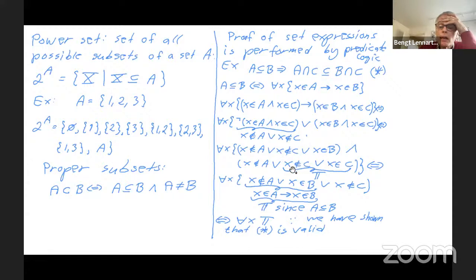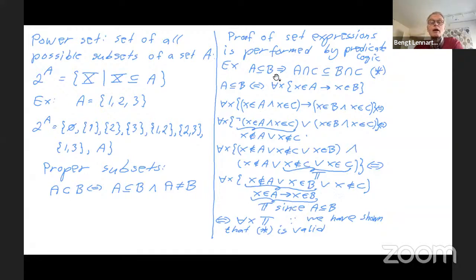So now we see here that I have X not in C or X is in C. This is a tautology. And a tautology or something else is also a tautology. So then you have a tautology and that means that I can skip this whole part. So now I only have X not in A or X in B or X not in C.